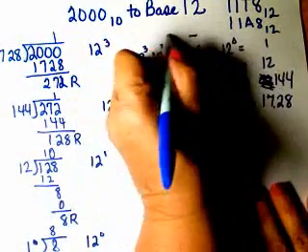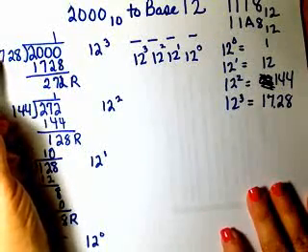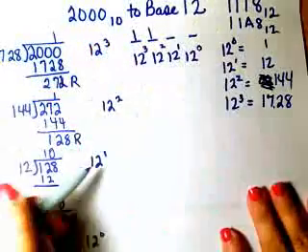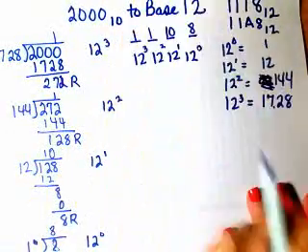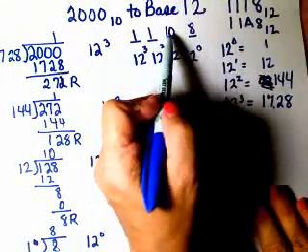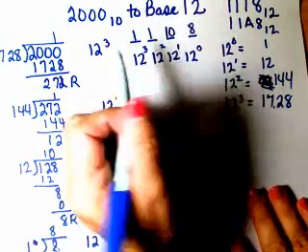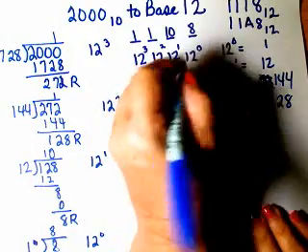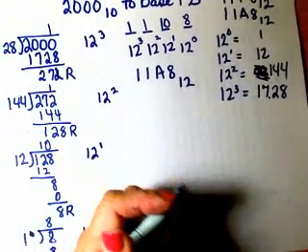So if I fill in my digits, 12 to the third power is 1, 12 to the second power is 1, 12 to the first power is 10, 12 to the 0 power is 8. So I'm going to convert this. This is the 10, which would be either the T or the A, whichever you want. So it's really 11A8 base 12.